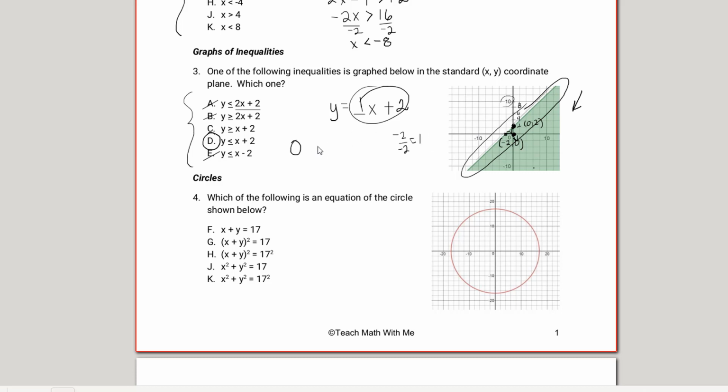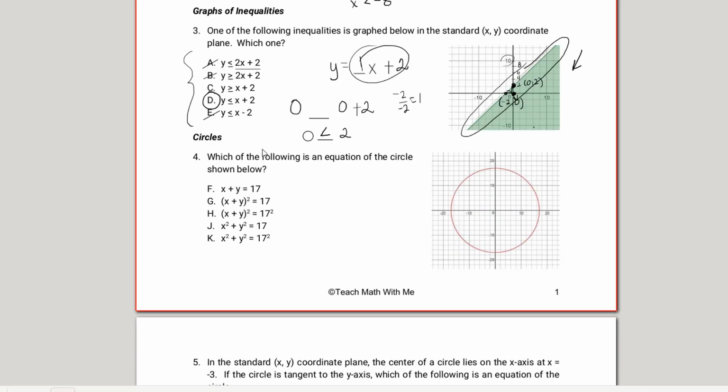So we have 0, and we're plugging in 0 for x, so we have 0 plus 2. That corresponds to y less than or equal to x plus 2. Again, answer choice D.